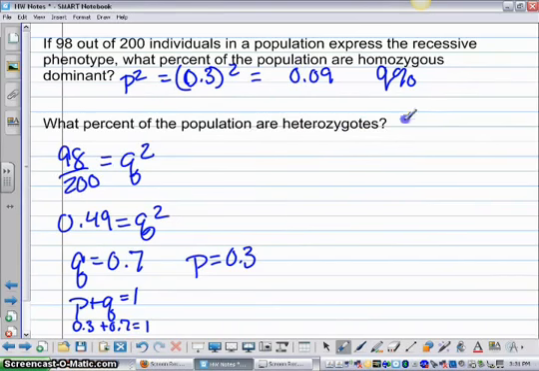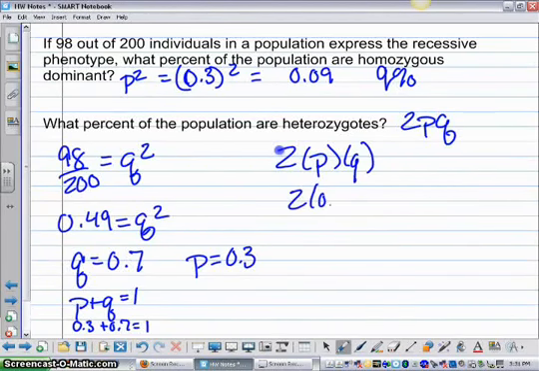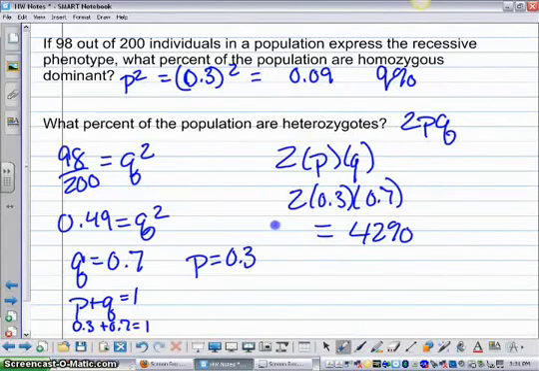And then what percentage are heterozygotes? That's 2PQ. So I'm going to take 2 times P times Q, which is 2 times 0.3 times 0.7, and that's going to equal 42% heterozygotes for 2PQ.